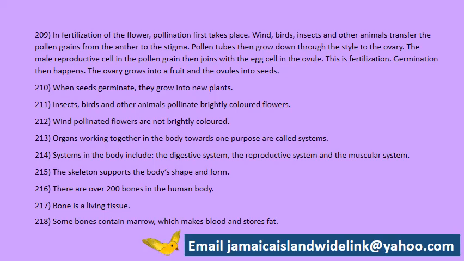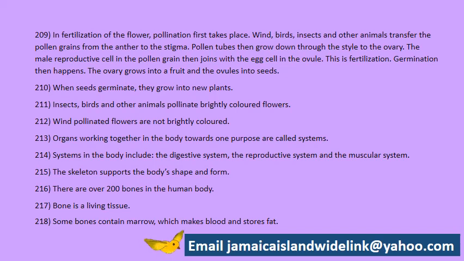So, wind, birds, insects, and other animals transfer pollen grains from the anther in the male reproductive part of the flower to the stigma in the female reproductive part of the flower, and fertilization takes place.